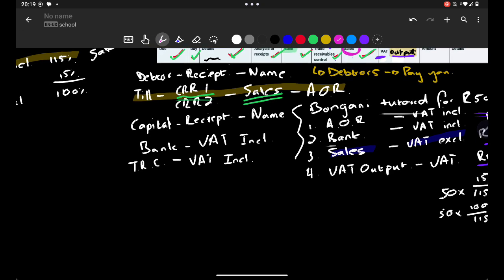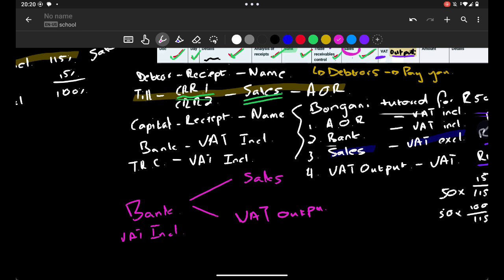Hence, because, not a hint, right? It's bank, which is VAT inclusive here. Then it divides into two: sales and VAT output, right? VAT output is the actual VAT amount, and sales is the VAT exclusive amount. But when you add these two, they're going to give you the VAT inclusive amount.